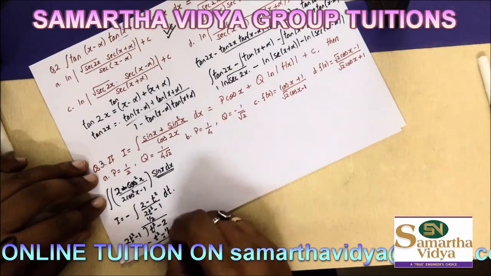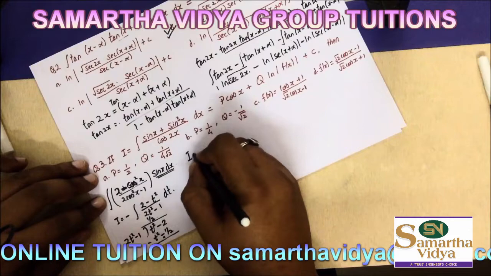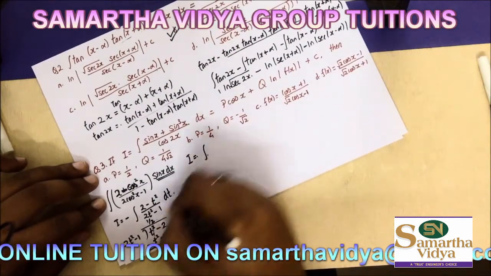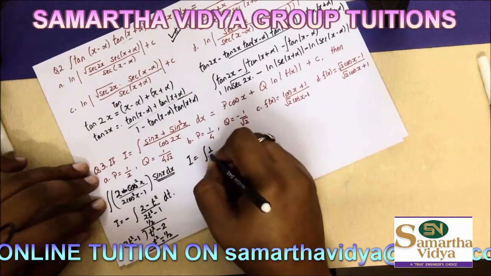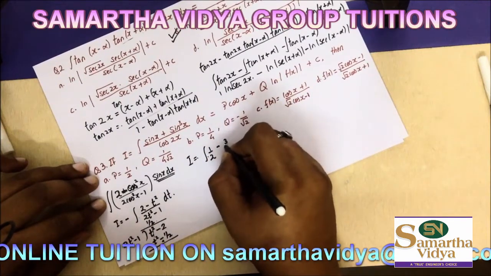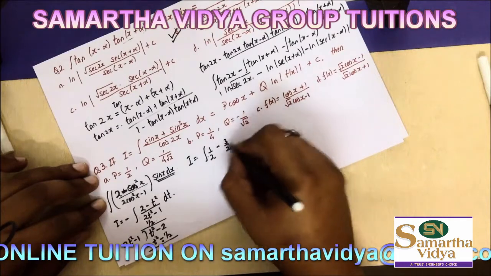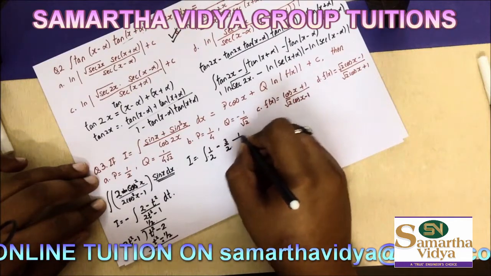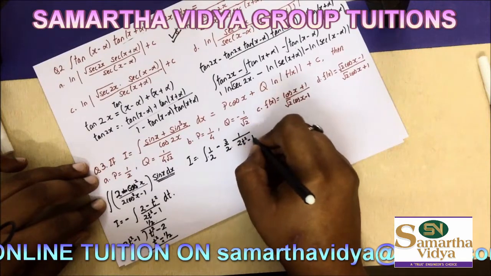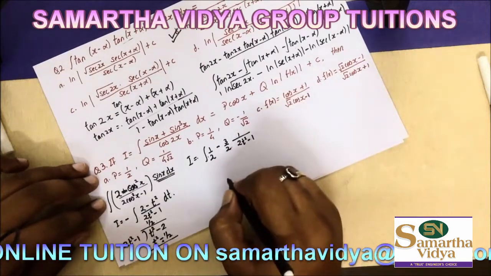So that's the remainder. So basically my integration changes to integration of the quotient, that is half, and minus 3 by 2, that's the remainder, upon 2t square minus 1. So this is what we are getting.